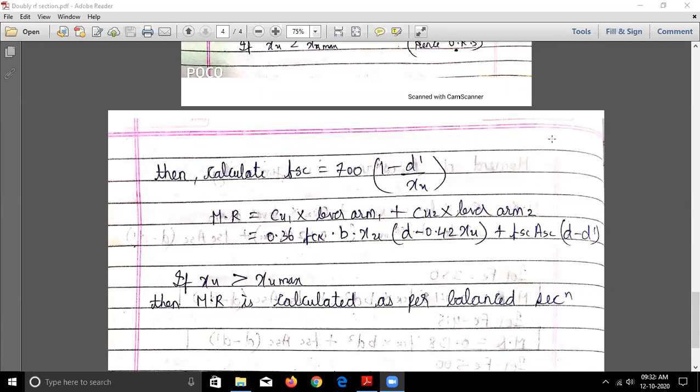Okay, so I hope everyone has noted down the question. So now you can start with the solution. I'll just say the steps. First you will find out FSC and then check with FSC permissible.